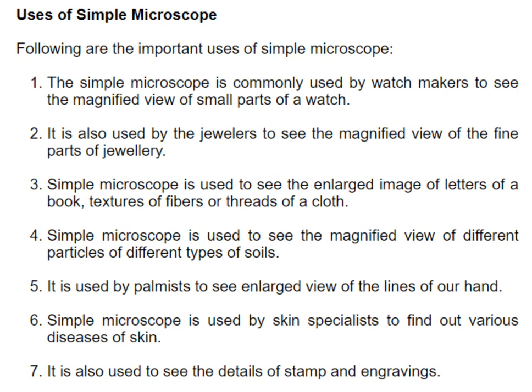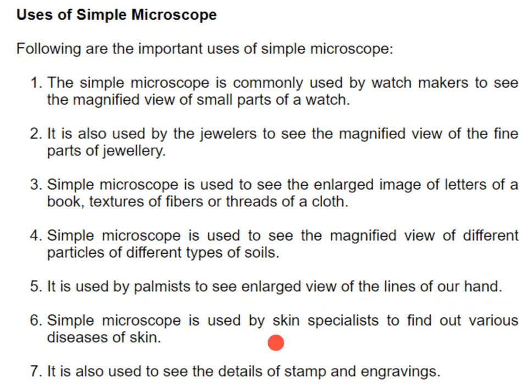Next, the simple microscope is used to see the magnified view of different particles of different types of soil. Also, it is used by palmists to see an enlarged view of the lines of our hand.